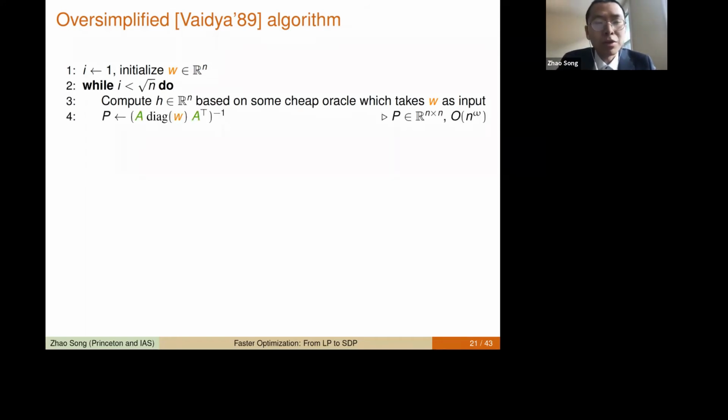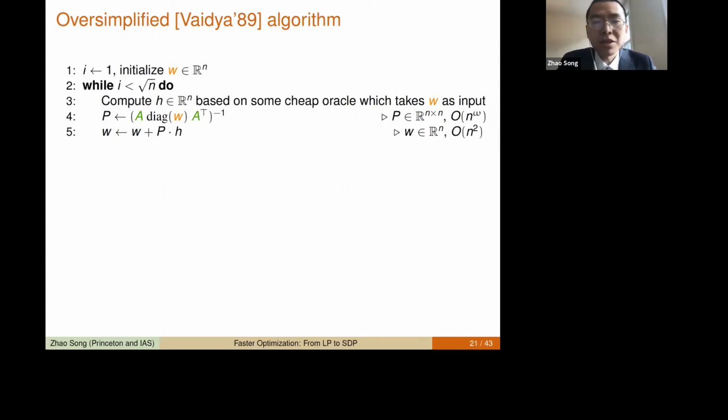Then we need to compute the matrix P, which is the constraint matrix times the inverse of A transpose diag(w) A, times the constraint matrix again. Computing this P matrix takes roughly n^omega time. Then we update w using P times h.